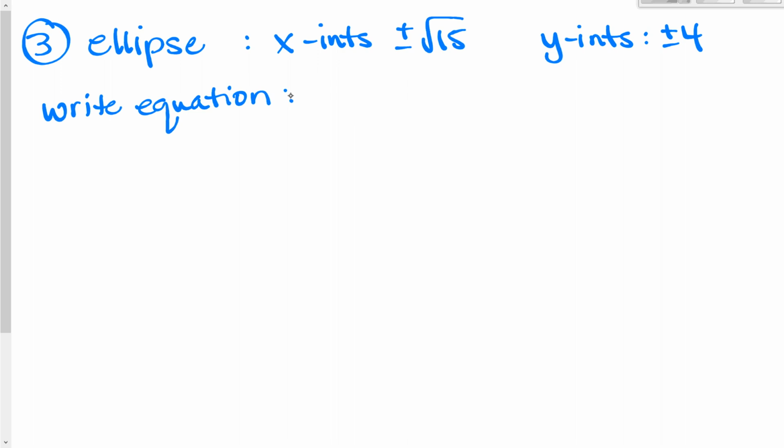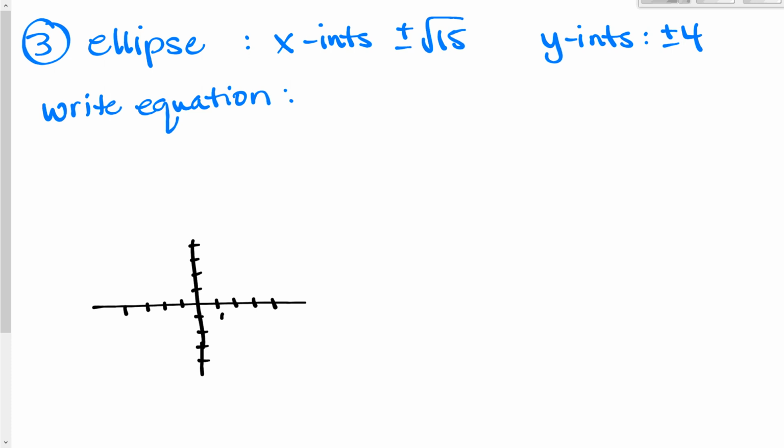So I'm going to start with a sketch just to figure out what's going on here. Square root 15. Oh, what is that? That is a little less than 4, right? And of course, we go up 4 and down 4 because that one is pretty obvious, plus or minus 4.